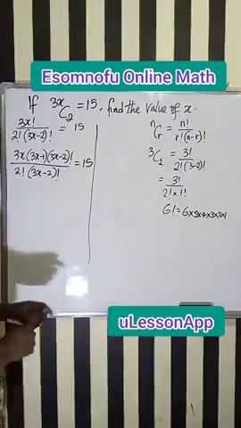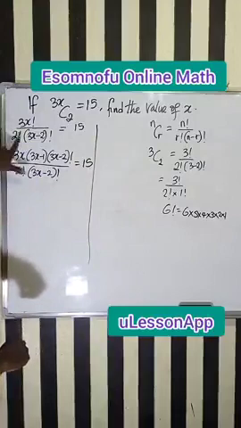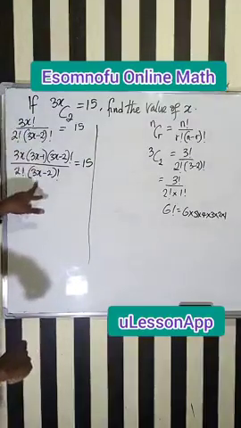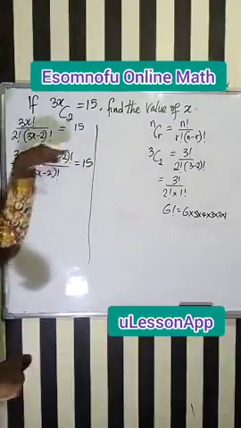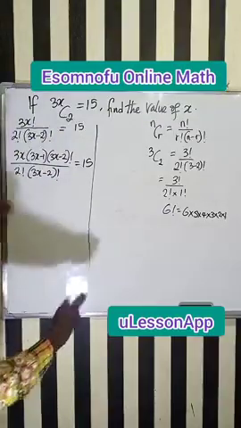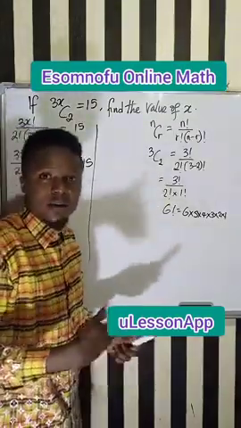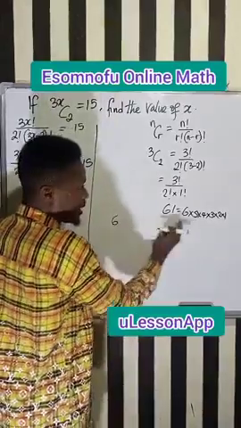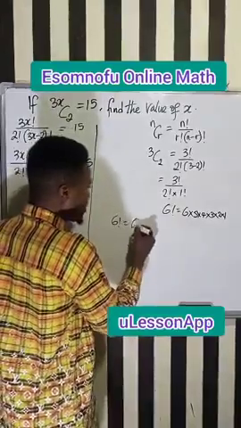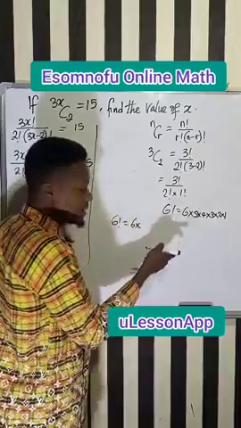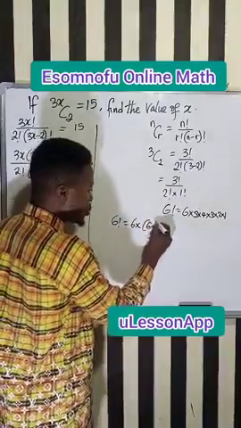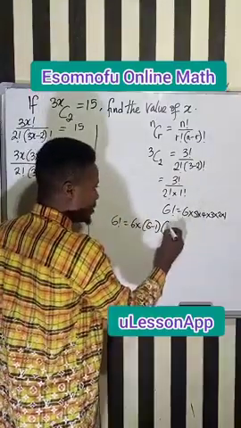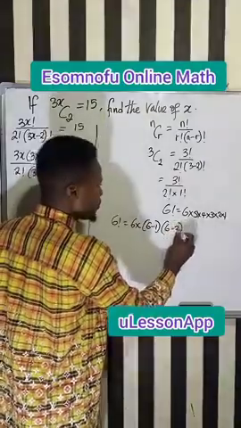Now look at what happened there. You notice that I want to get something that looks like 3x minus 2 in the numerator so that they can cancel out. And the factorial is the product of a number and other numbers before it, apart from 0. You notice that 6 factorial that I did here is equal to 6 times 5. How did I get this 5? I called it 6 minus 1. How did I get 4? It will be 6 minus 2. How did I get 3?